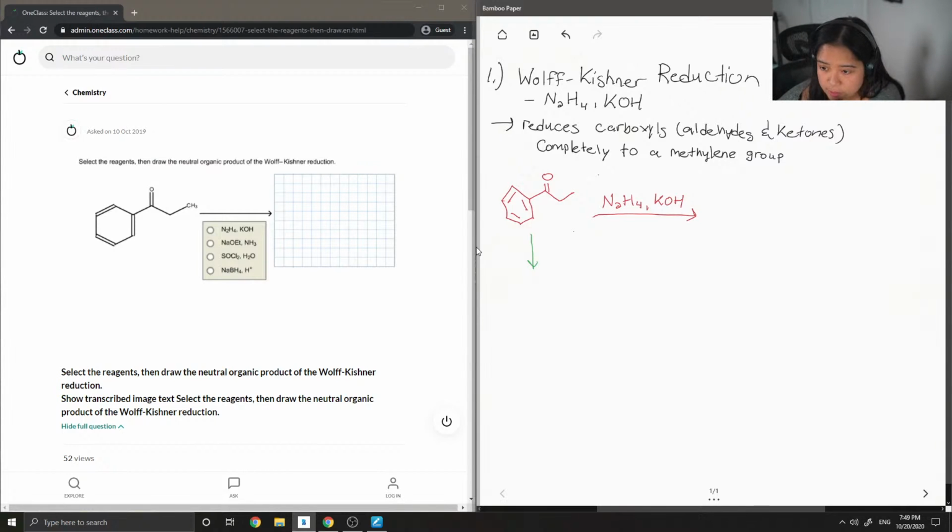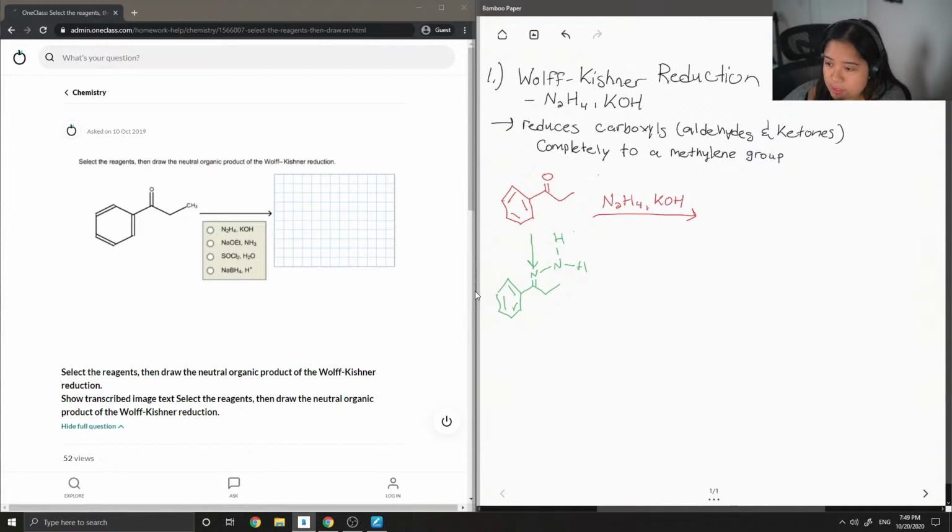Okay, so first, the benzene ring kind of looks like this. And then our ketone is replaced with these two nitrogen groups. Kind of like that.